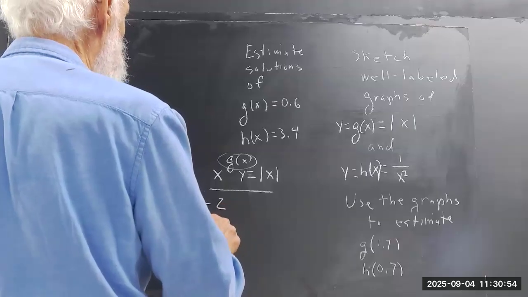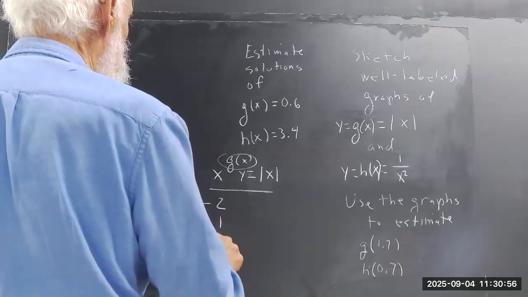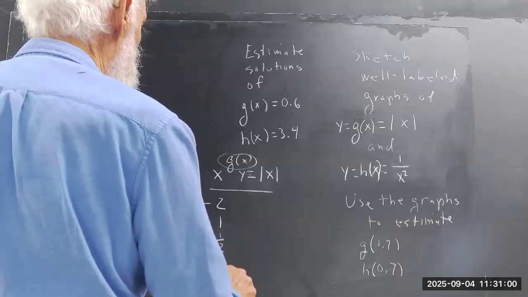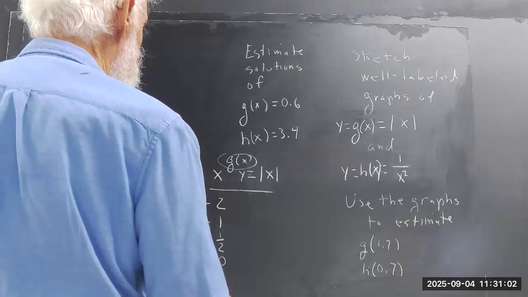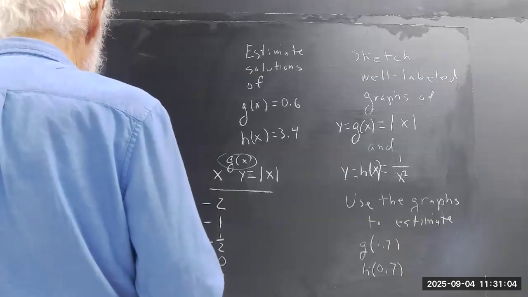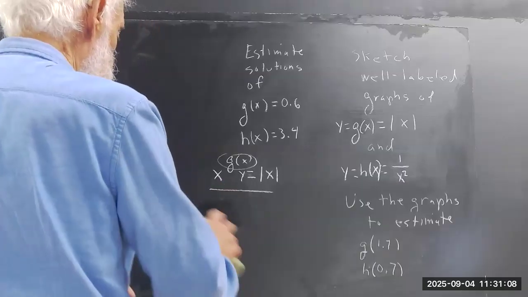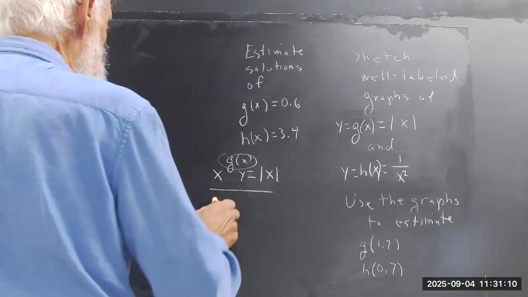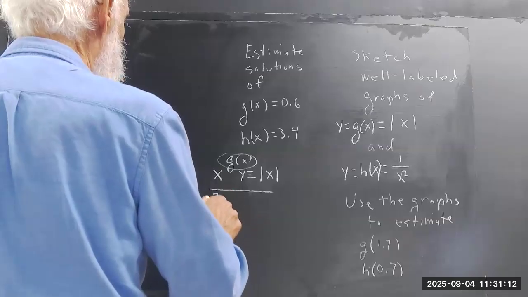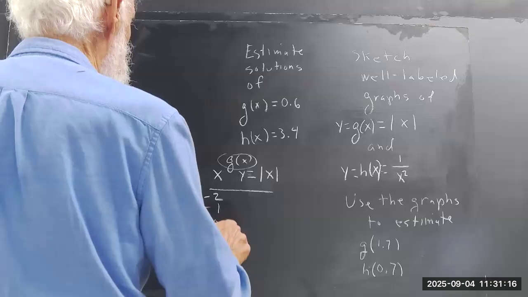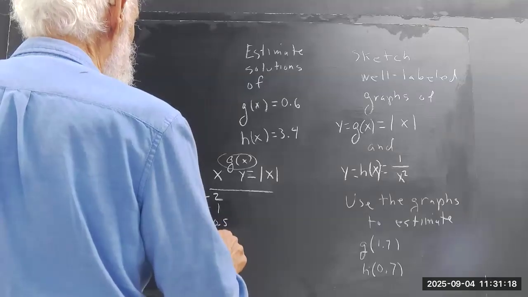Now, usually I'm going to use -2, -1, -1/2, 0, 1/2, 1, and 2, and I didn't leave myself enough room. So let me see if I can get myself oriented here. I'm still writing big enough that you can see it. Okay, so it's going to be -2, -1, -0.5.